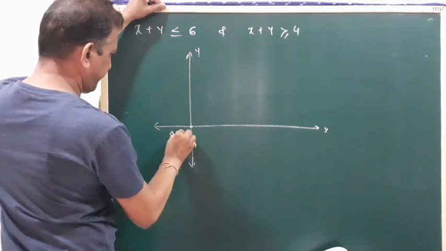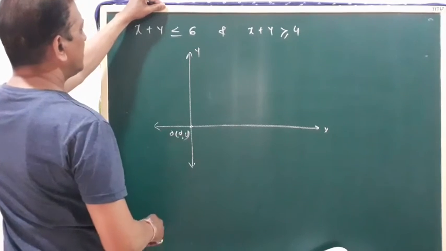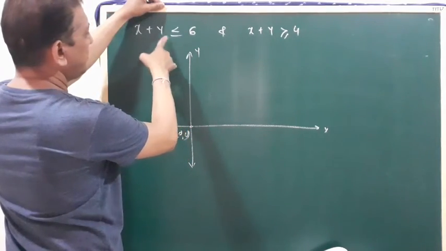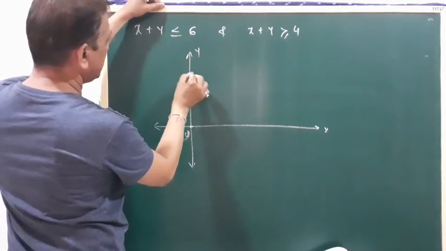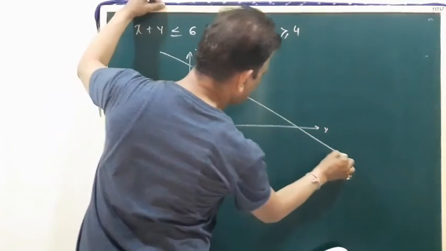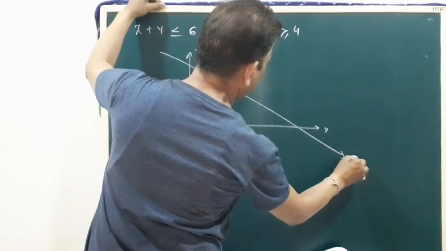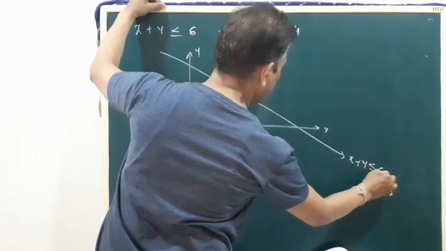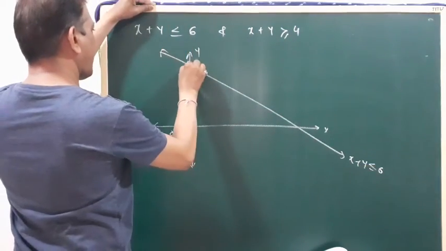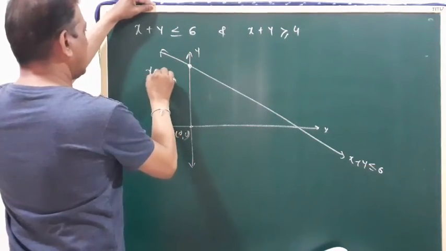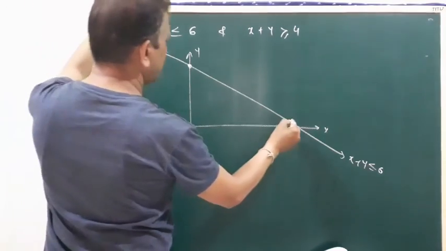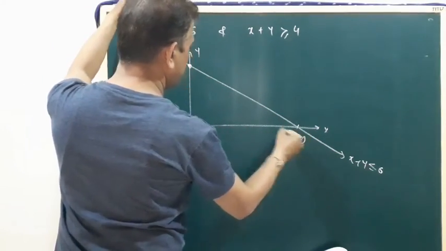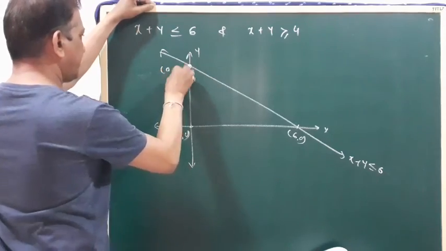Origin. Now first we draw x 0, y 6, y 0, x 6. So x plus y, and here 6, 0 and 0, 6.